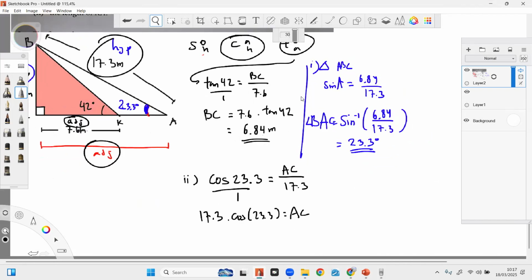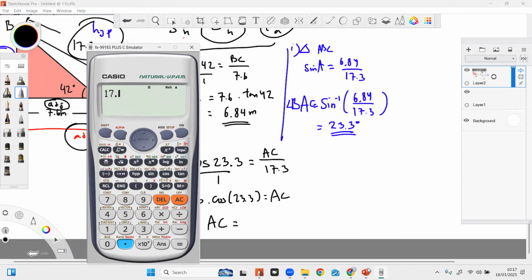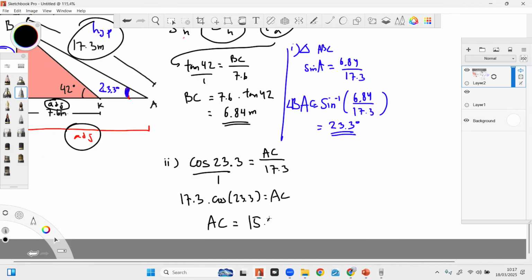Then you can get the value of AC by multiplying. Yeah, it has to be less than 17.3. We get 15.89, 15.9. Are we finished?